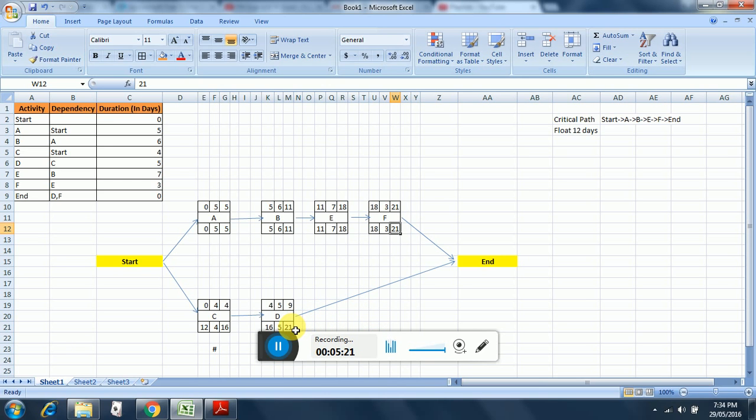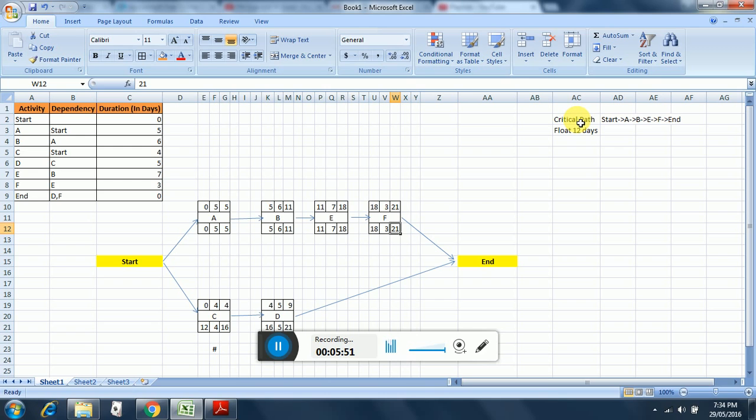And here for activity D, it cannot start the backward pass till activity F has completed. So the maximum duration we need to take over here. So we take 21, then 21 minus 5 equal to 16, 16 is carried forward, 16 minus 4 equal to 12, and that's the way we complete the forward and backward passes.